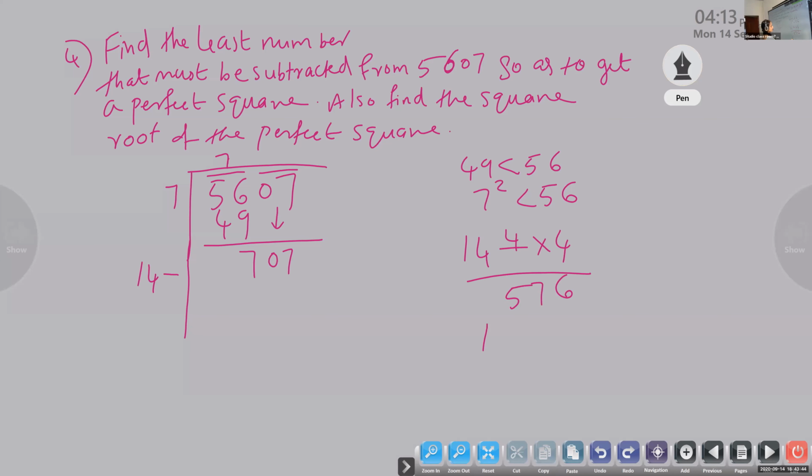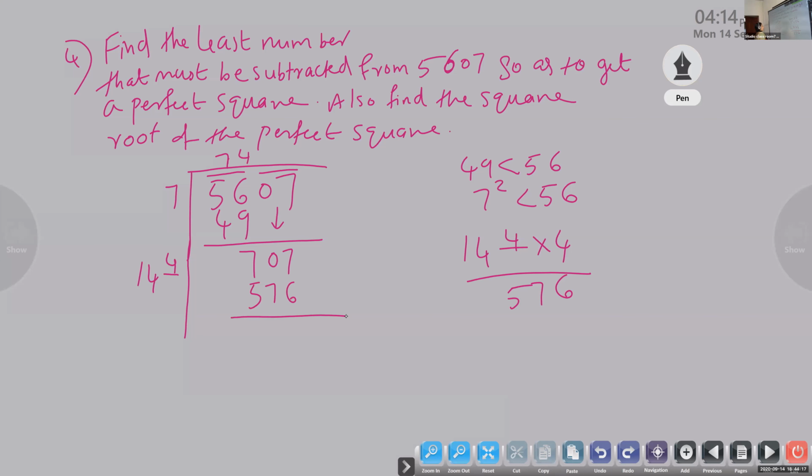What comes when we write 5? That also you have to check, whether it is more than 707. 5 times 145 is 725, so when we write 5 it comes more than 707. So we won't take it. You have to check it. Okay, so we will write 4. Here also 4.